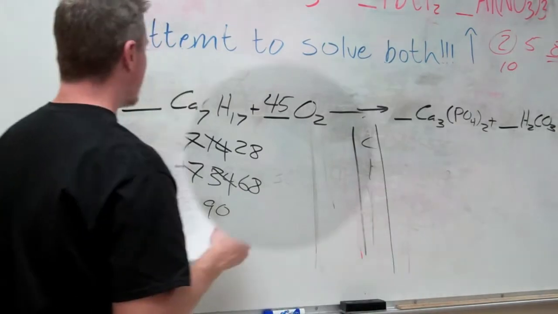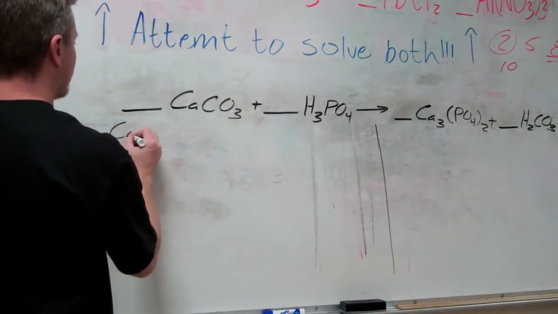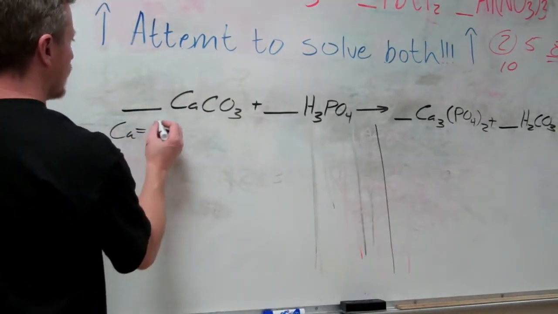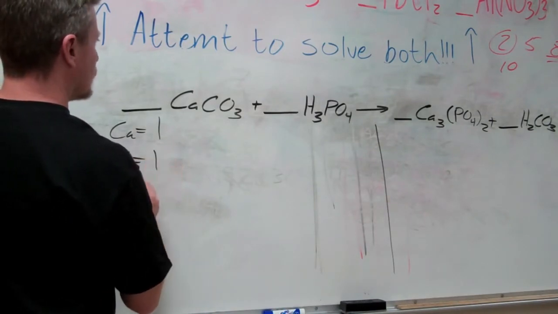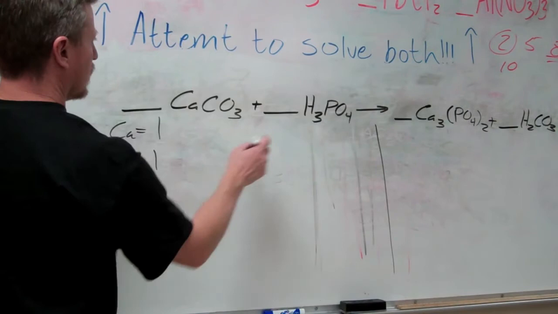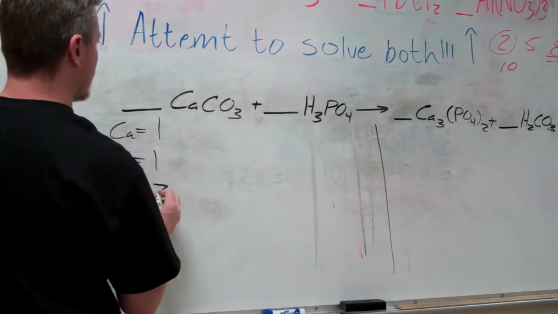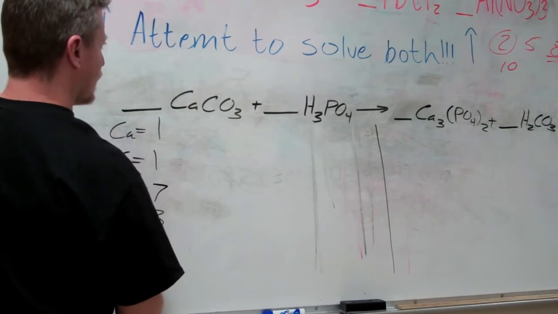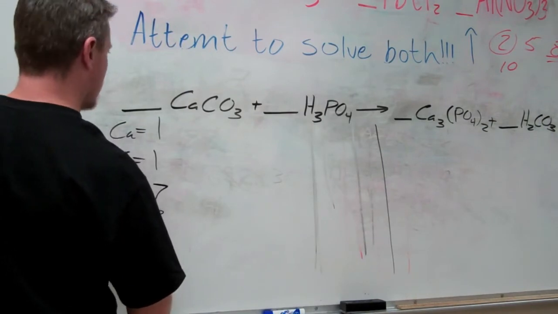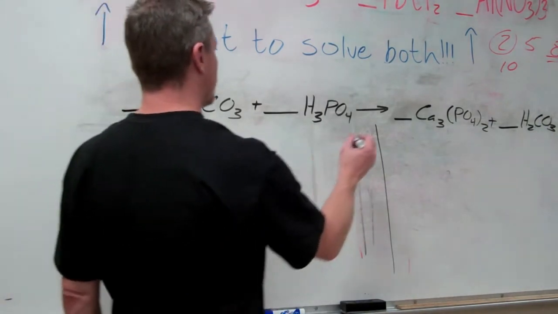So, yeah. Okay, so I got calcium. How many of those do I have? 1. I have carbons. How many do I have of those? 1. Oxygens. 7. Good. 4 plus that 3 is 7. Hydrogens 3, and phosphorus 1. Okay, over here, got them in the same order.